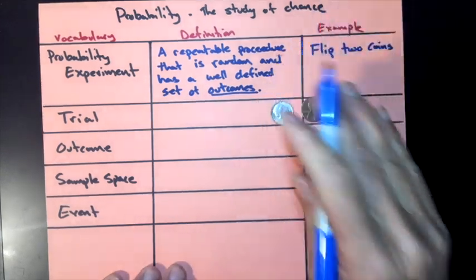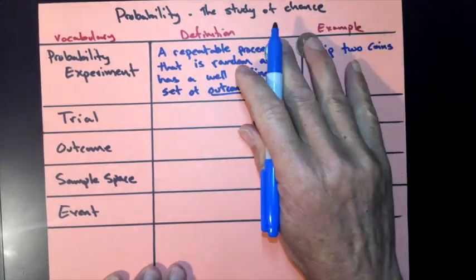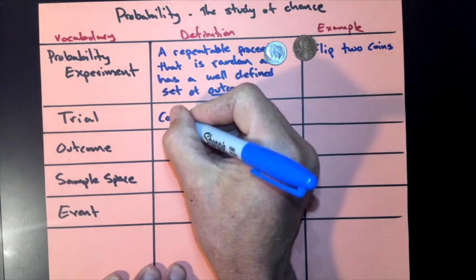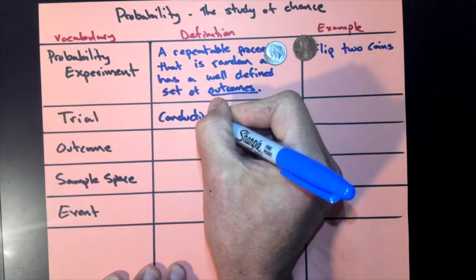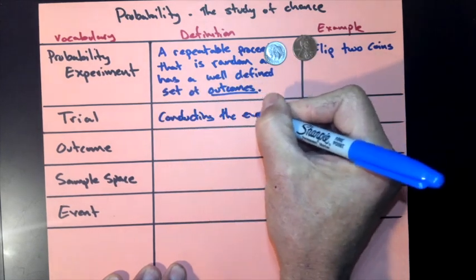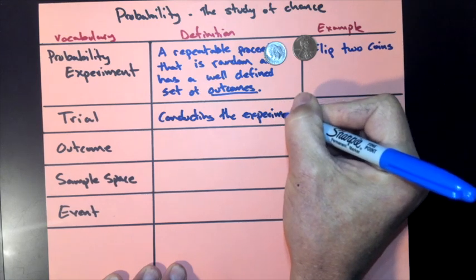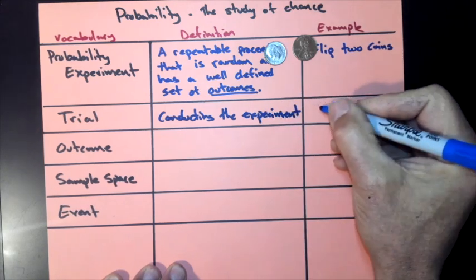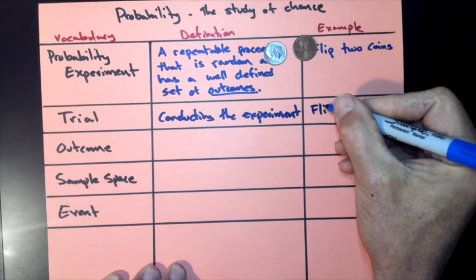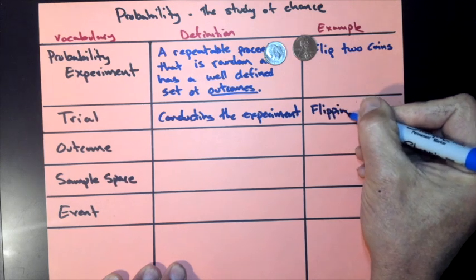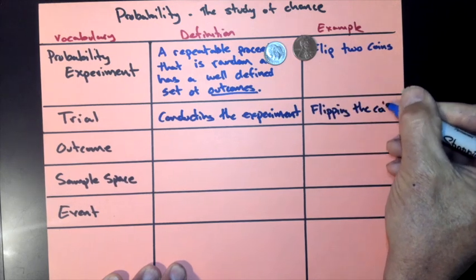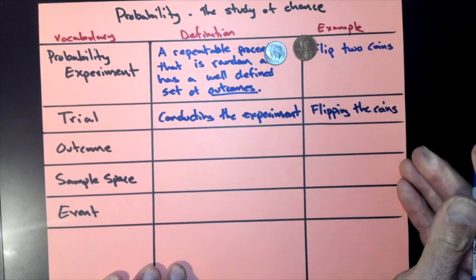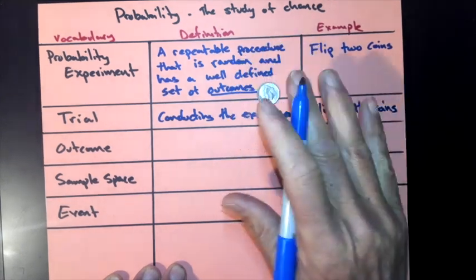The trial is basically what I just did. It's basically conducting the experiment. So in this case, flipping the coins is our trial.